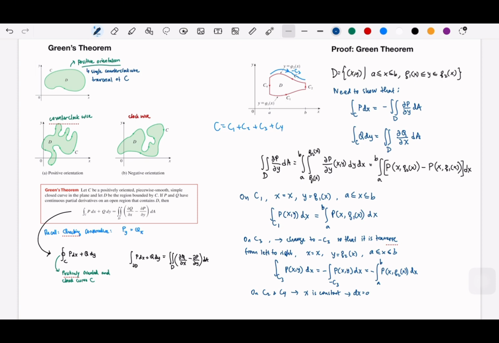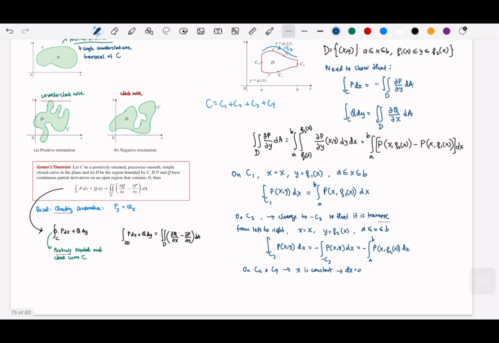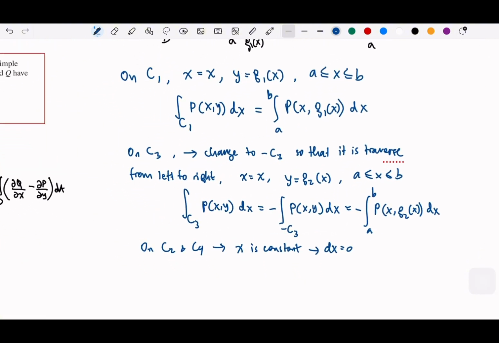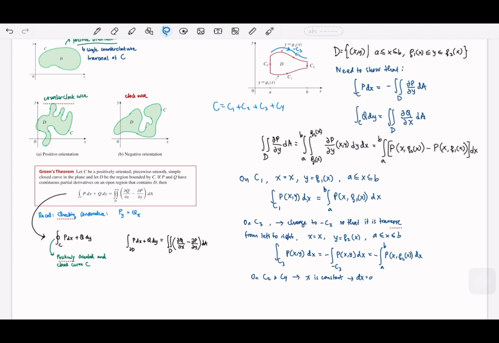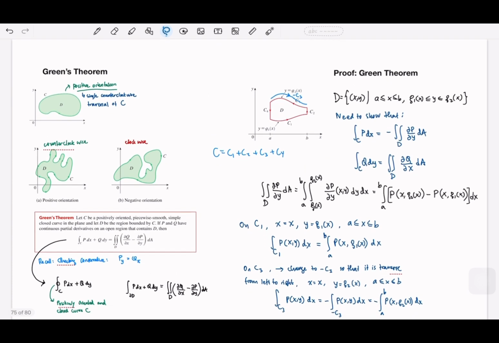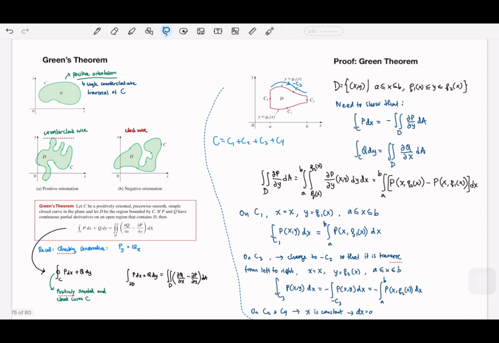So then the whole line integral, we can write here. I will make it a little bit smaller and maybe move it up a little bit.